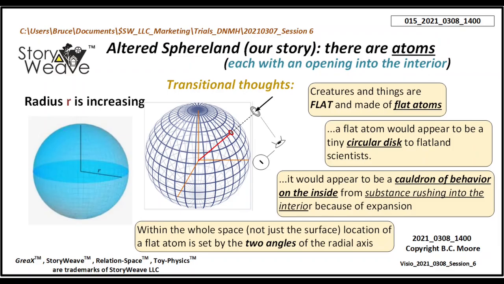Occasionally, we'll go up one dimension where we're talking about something that's the dimensionality of our space, where it would be like a four-dimensional ball, which is impossible to imagine. We're just going to, a few times in this, step up to that to make some comment about the generalization of this. So here we see a flat atom that looks like a cauldron of behavior on the inside. And in the next slide, we'll see the same kind of thing would be true of our space.